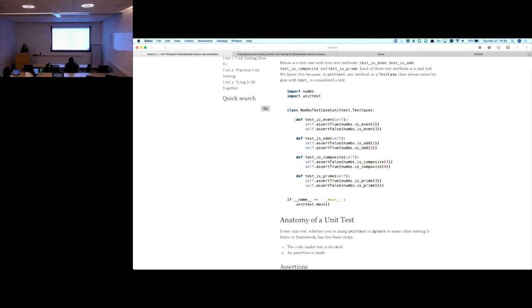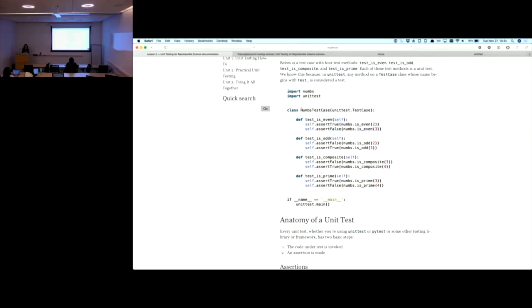So the short story is that a test case is a Python class with a bunch of test methods on it. And each method is a block of code that looks exactly like a function. A method is almost identical to a function. It's just a function that's attached to a class of some kind.